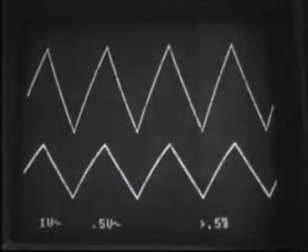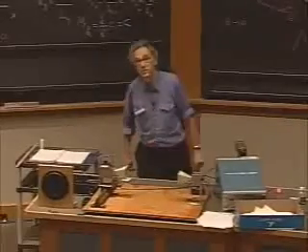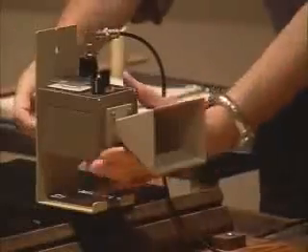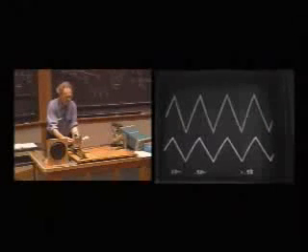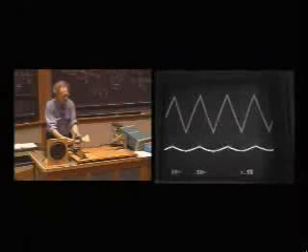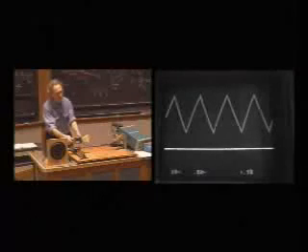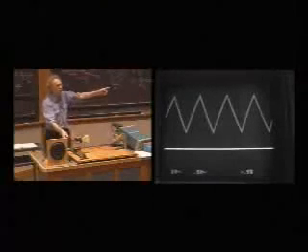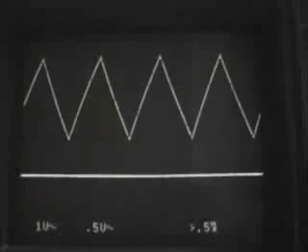So the radiation comes in like this, and now I'm going to rotate this one 90 degrees, the receiver. And it's gone. The same phenomenon that I just showed you with the 80 megahertz.